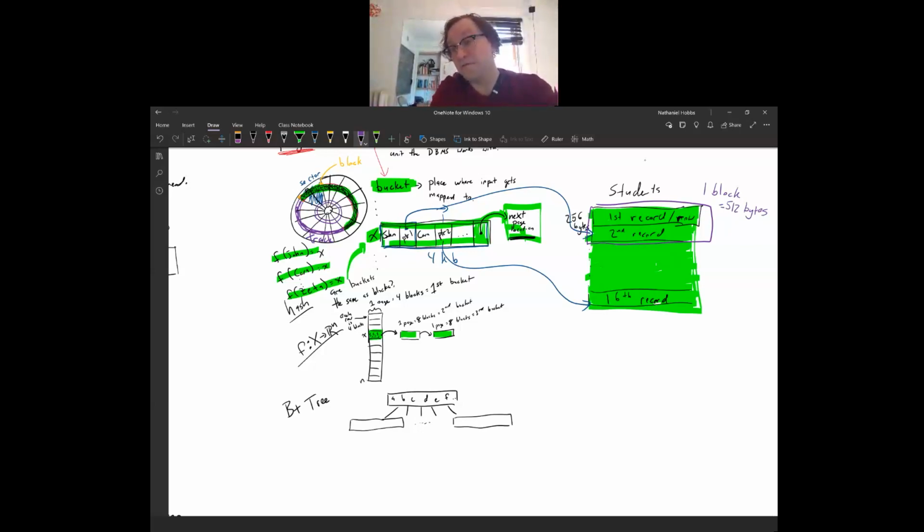But if the records could be 1 kilobyte, in which case you'd need 2 blocks to store 1 record.